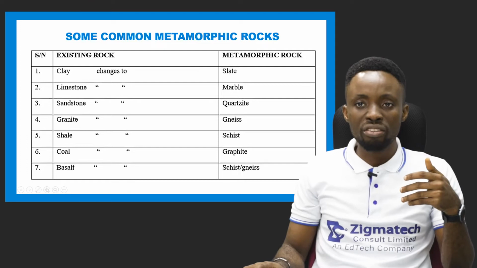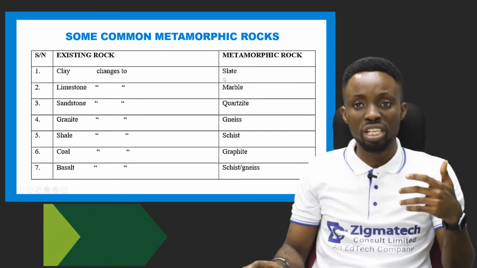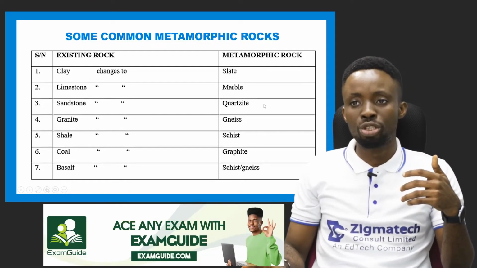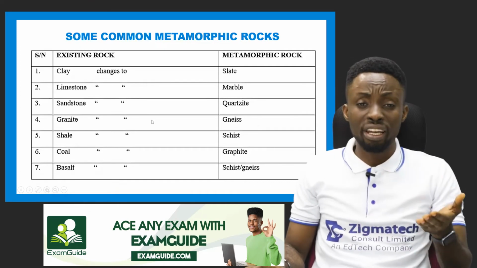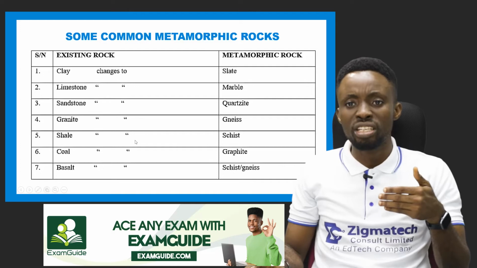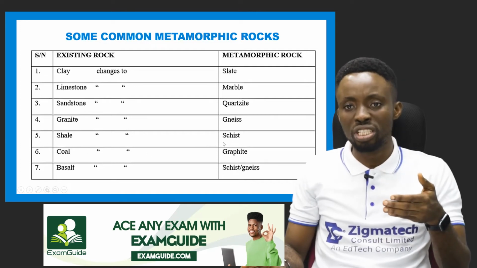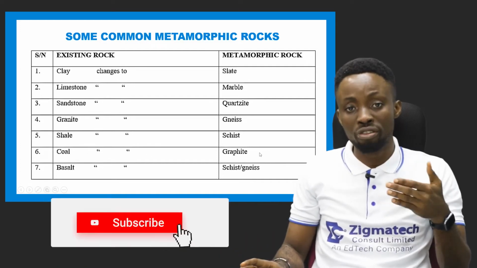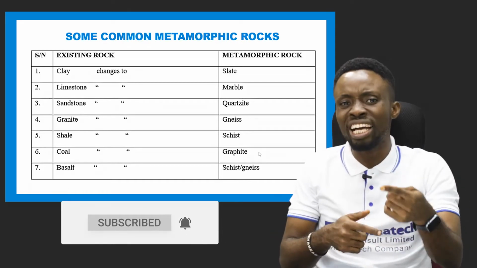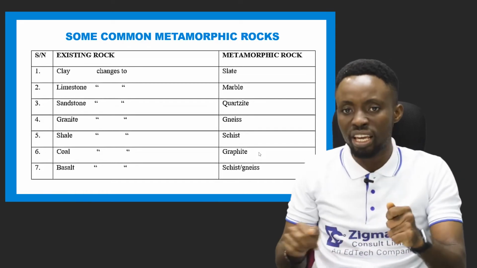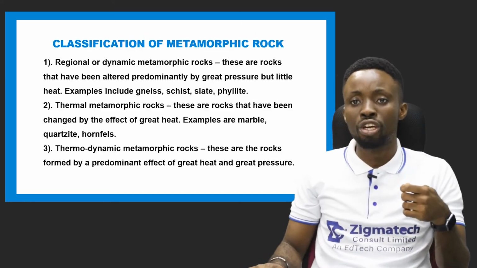So clay gives rise to the formation of a slate, limestone gives rise to the formation of marble, sandstone gives rise to the formation of quartzite, granite gives rise to the formation of gneiss, shale gives rise to the formation of schist, and coal gives rise to the formation of graphite. Then we also have basalt being transformed to either schist or a gneiss type of metamorphic rock.